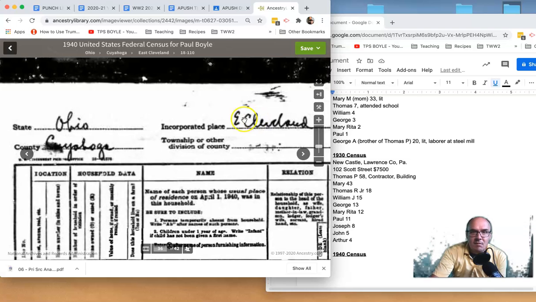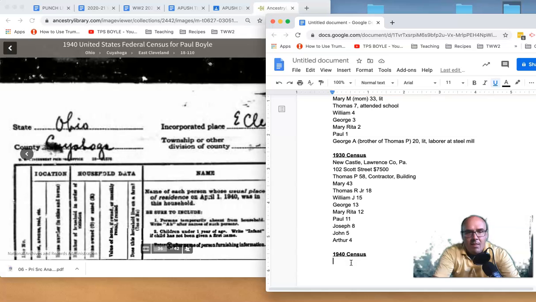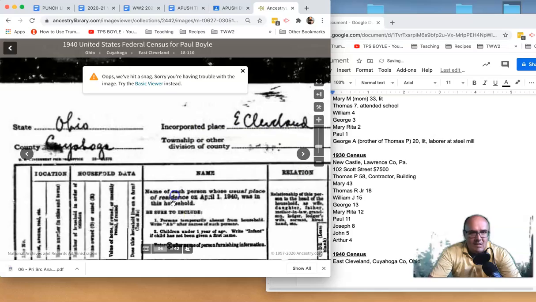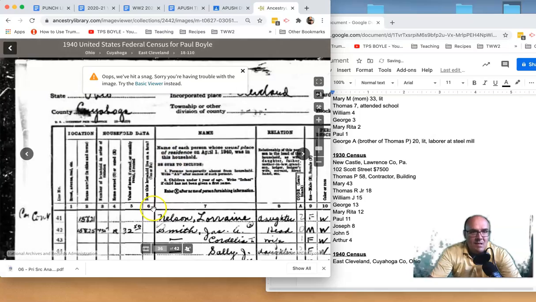We are in East Cleveland, Cuyahoga County, Ohio. Okay. Let's find out where they're at, because obviously things have changed.